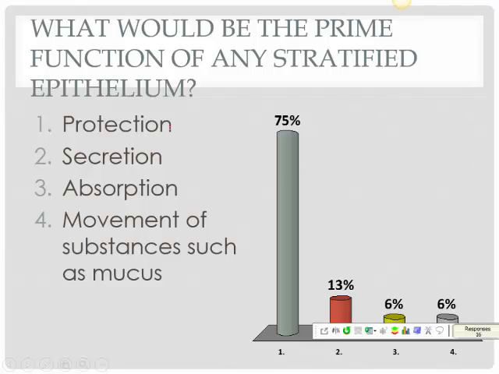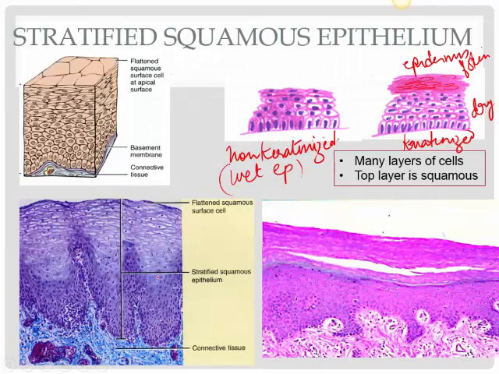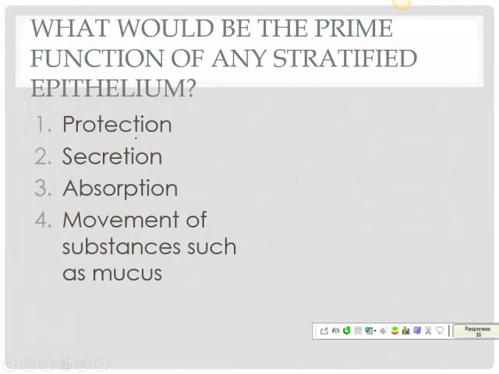I just told you. Secretion and absorption would be seen in other epithelia. In order to secrete, imagine if the epithelium is so thick, like you see here. To secrete, it has to travel through so many layers and then go to the outside. It makes it much easier if the epithelium was just a single layer, like columnar cells. So columnar epithelium is more secretive and absorptive, whereas thicker stratified epithelium is more for protection.